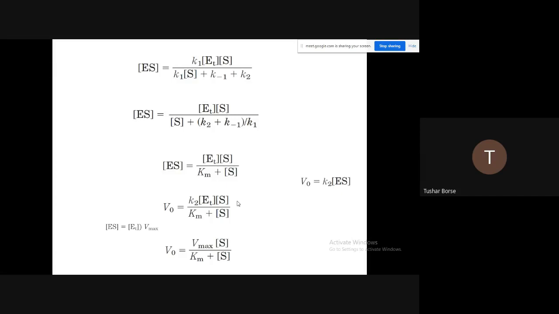The maximum velocity is a state where you have your total enzyme in the enzyme substrate complex. So this particular term, k2 into Et, can be called the Vmax.